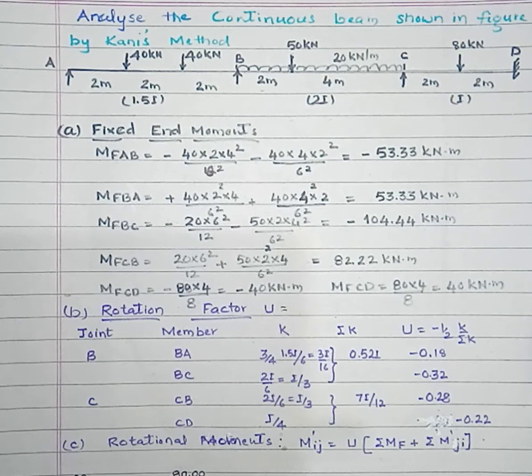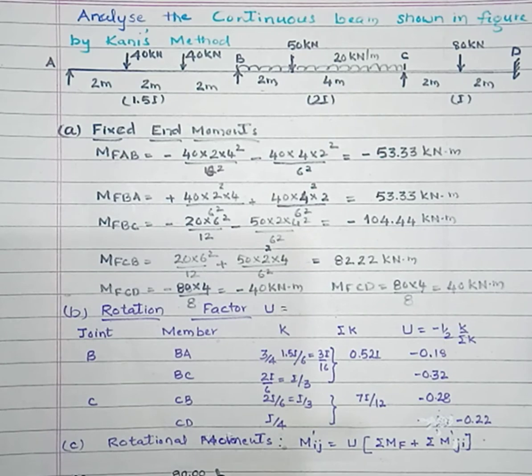Here 50% of this moment what we have added, that is carried over from A to B, hence that is half of 53.33, that is 26.67. Now the fixed end moment at BA becomes 53.33, that is already calculated, plus carry over moment, that is 26.67, the summation is 80 kilonewton meter.